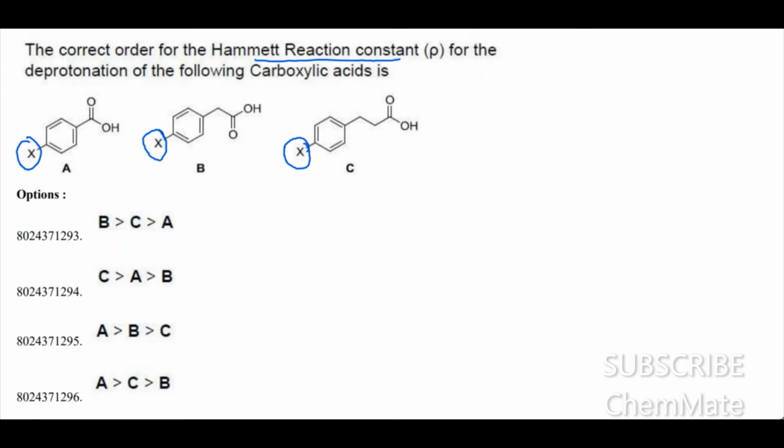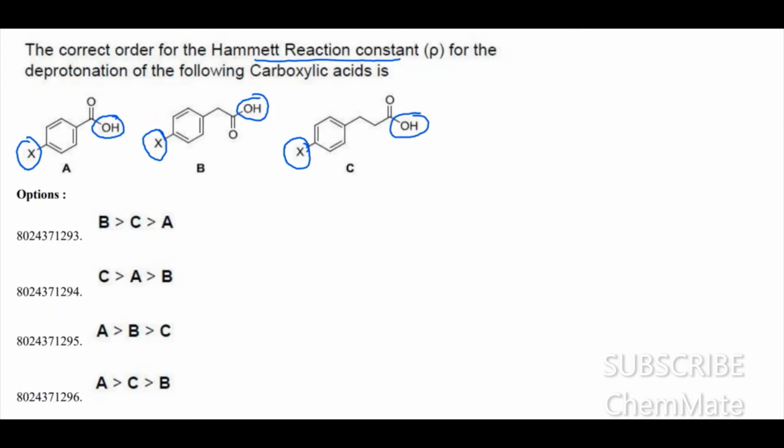Now as you can see, deprotonation will happen at this OH. So as the reaction center goes far from this substituent, the polar effectiveness of this substituent will be different on that reaction center.